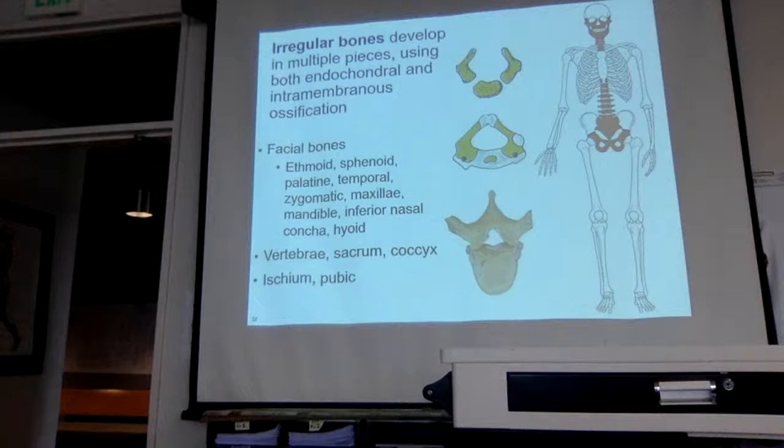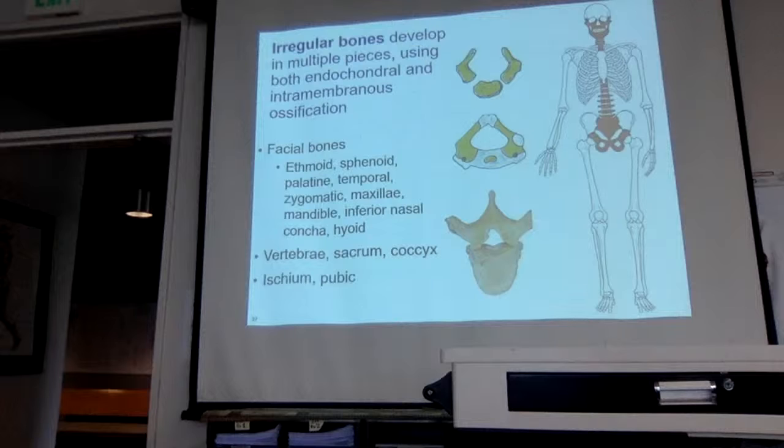With irregular bones, parts of it are made through endochondral ossification, parts of it are made through intramembranous. So let's say we want to form a vertebra. We've got parts of it forming like this, but then we need to fuse it together with other bone to form something like this. So it takes some time for it to fuse together.